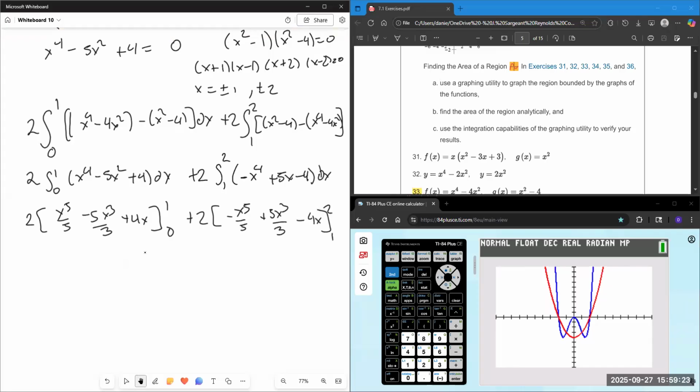Okay, so 2 times 1/5 minus 5/3 plus 4, the rest of it is zeros down there, plus 2 times negative 32 fifths plus 40 thirds minus 8, minus, stick in 1, negative 1/5 plus 5/3 minus 4.